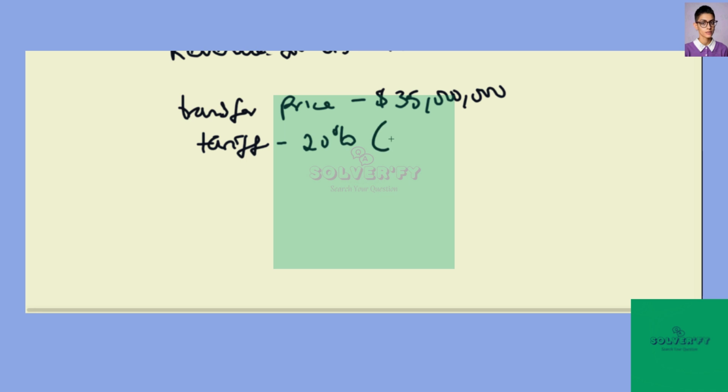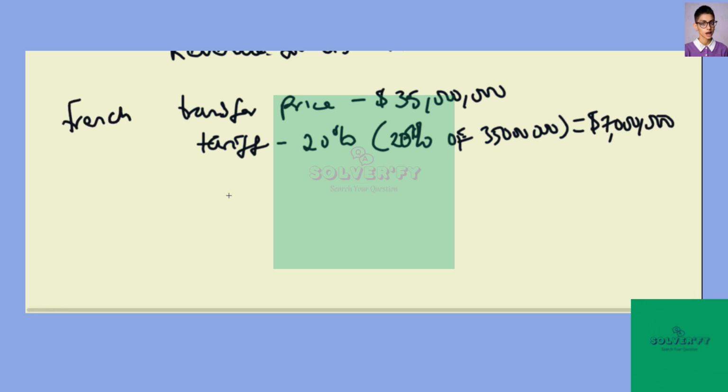So that will be 20% of 35 million, and that equals 7 million. So now if you add it to 35 million, you have a total cost of 42 million.